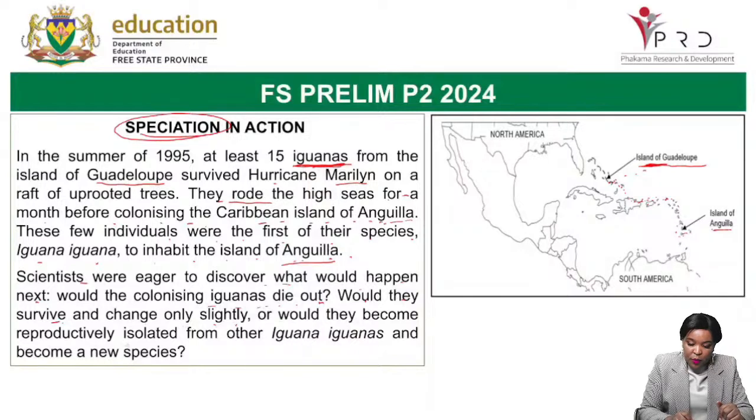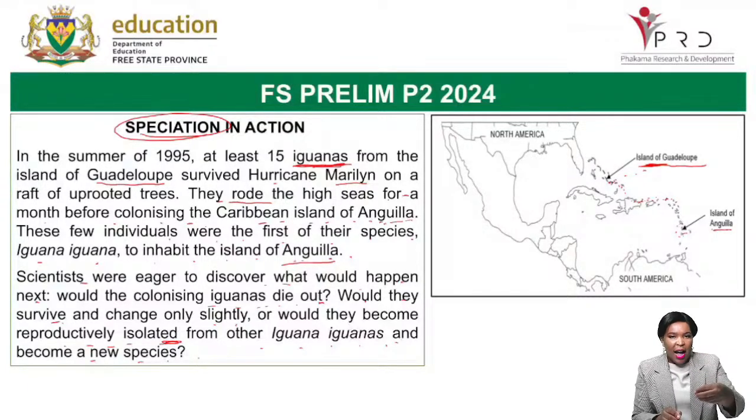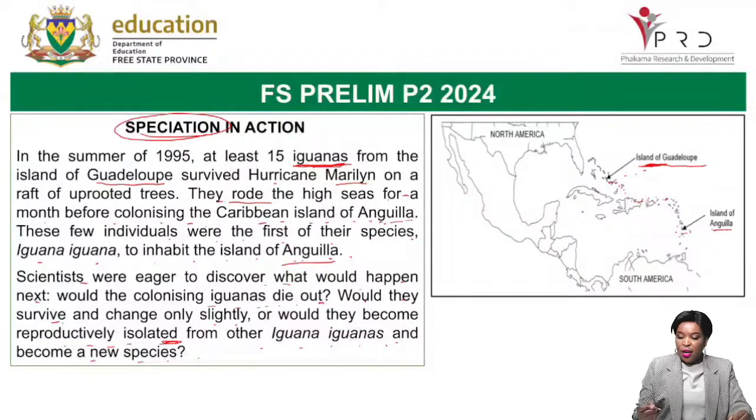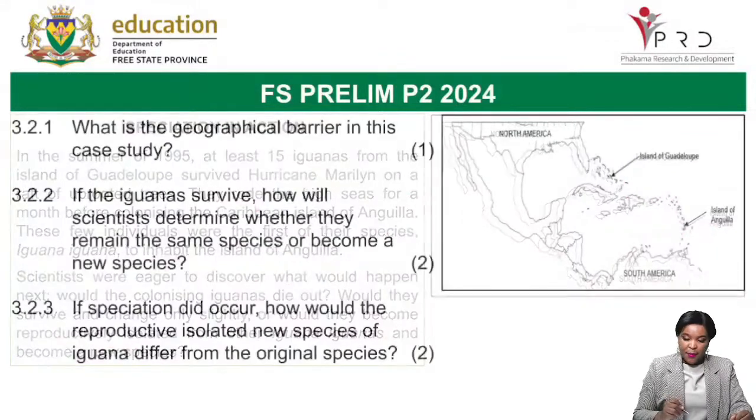Then, will they become reproductively isolated from the iguanas and become a new species? So the ones that are going to form, are they going to be reproductively isolated from the original species, or will they be able to interbreed with the original species? It's the main question.